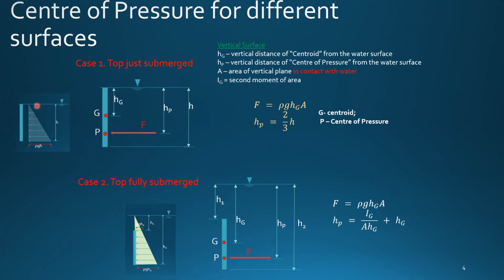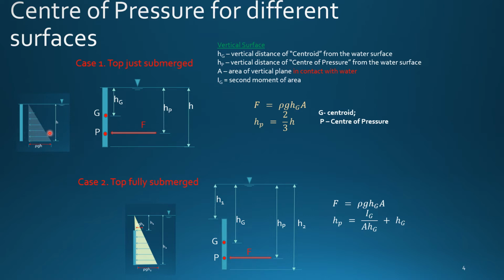Okay, let's look at the first figure here. The pressure is triangular, so the resultant force acts at 2/3 of h from the water surface, or 1/3 from the base.